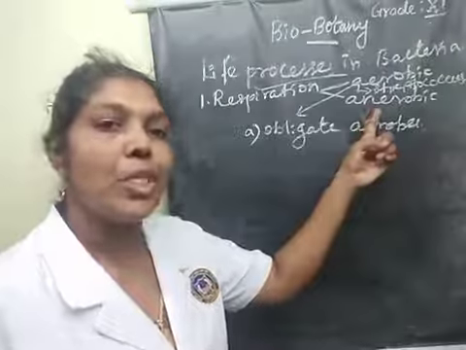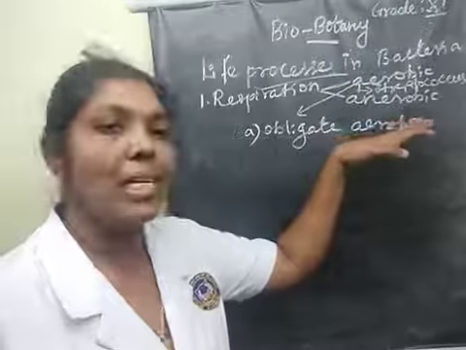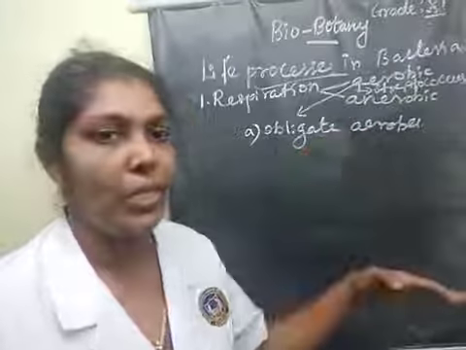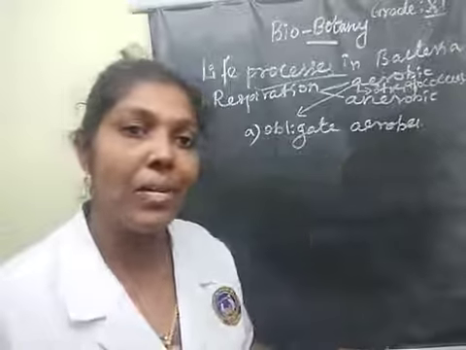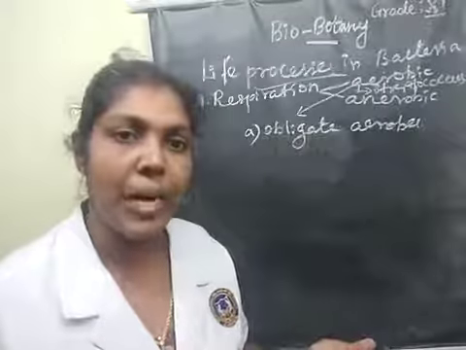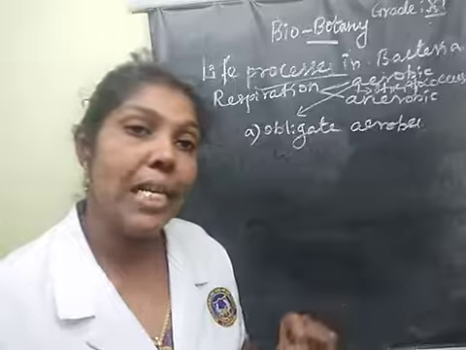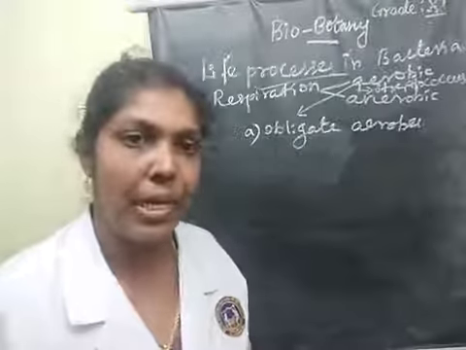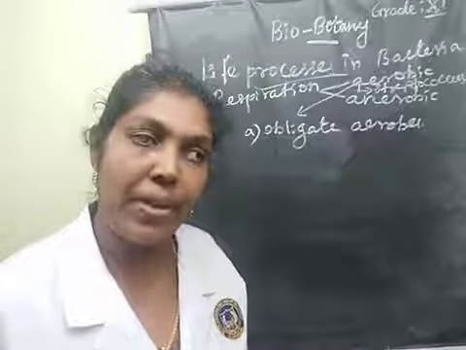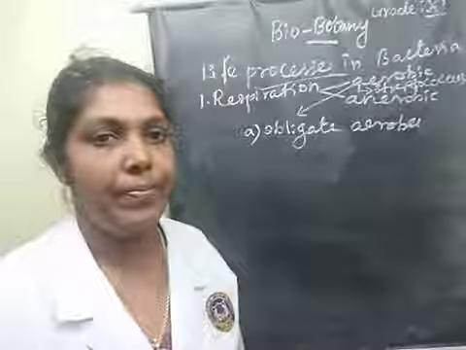Next one is anaerobic bacterium. Anaerobic bacterium means that in this type of bacterium there is an absence of oxygen, but for growth and metabolic activities they need energy. That energy they get from certain fermentation reactions. Clear, children? They get their energy from fermentation reaction. Understood?